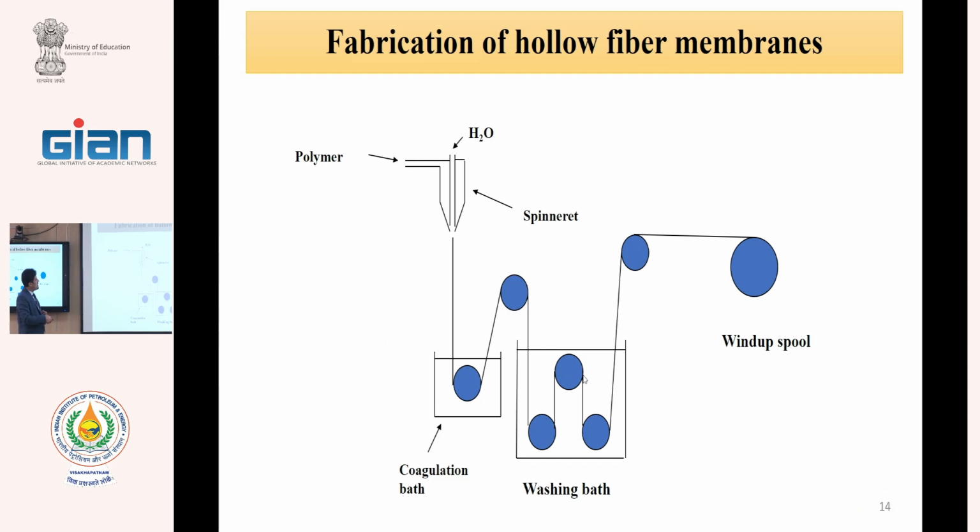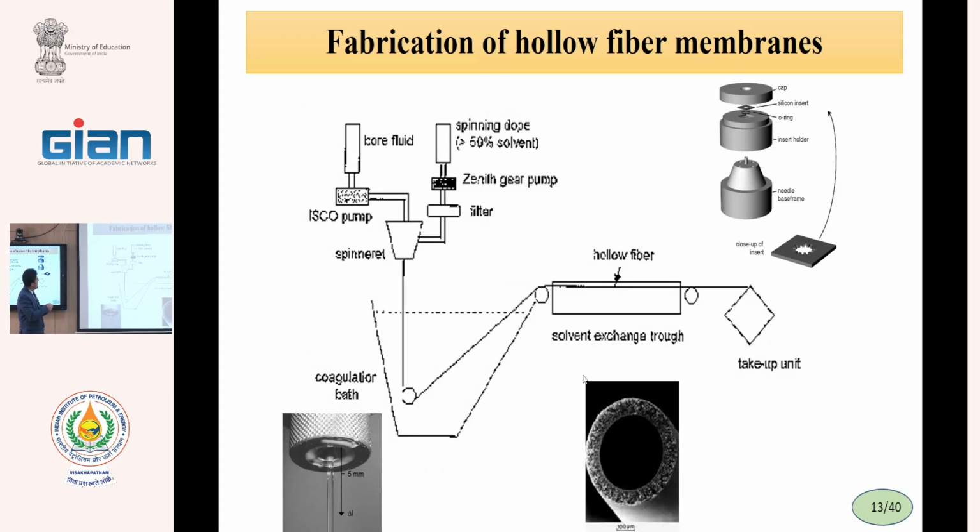We have a coagulation bath, non-solvent, and we have a washing bath and take-off roll. Okay? Therefore, inside of the spinneret, we have a bore fluid that usually is water, or water containing NaOH, caustic water, that this NaOH increases the solidification.